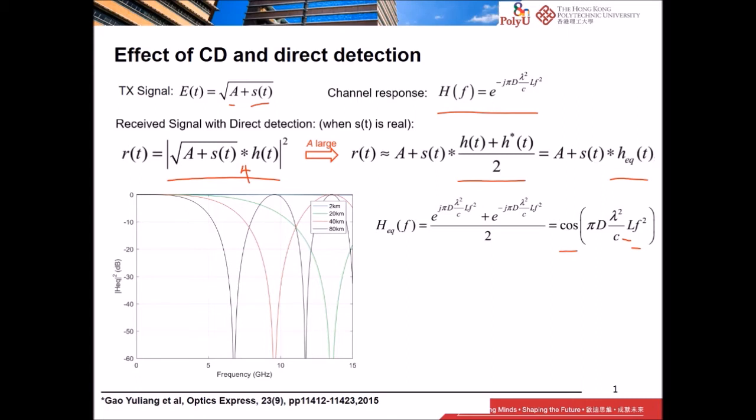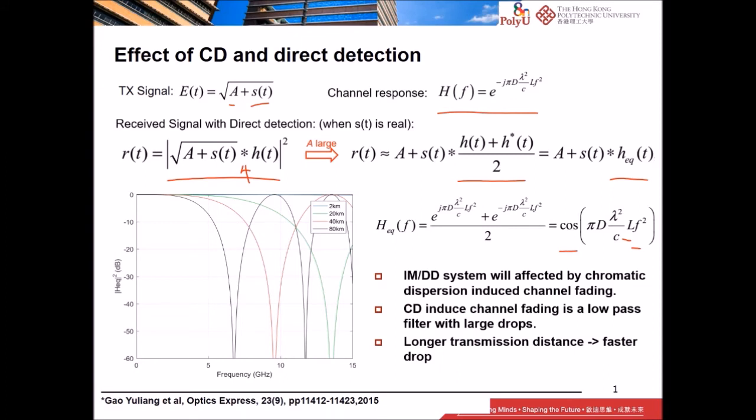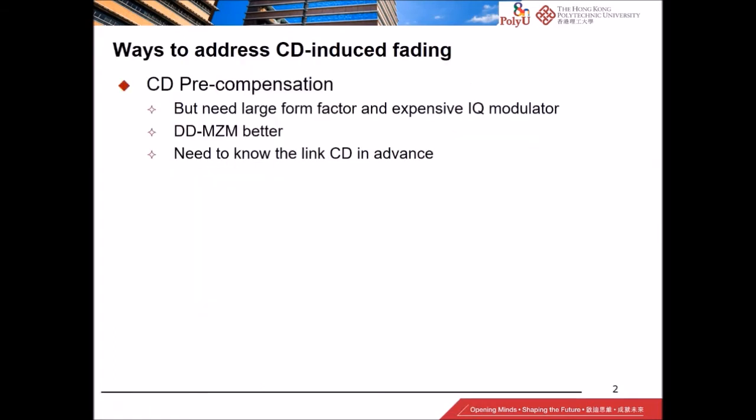If you want to transmit for a longer distance, you have more fading, meaning your signal bandwidth will be less, and then meaning your transmission speed will be less. So this is one of the unique features of direct detection systems. So how do we get around this problem? There are a few approaches.